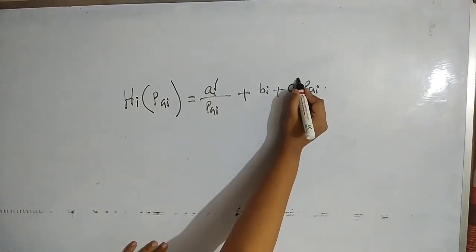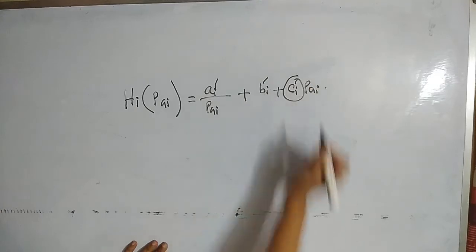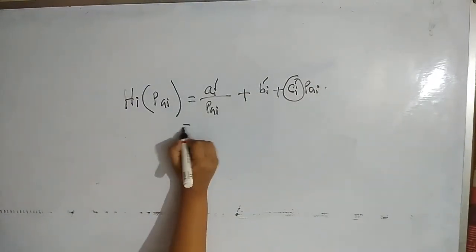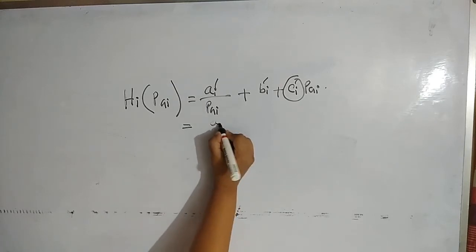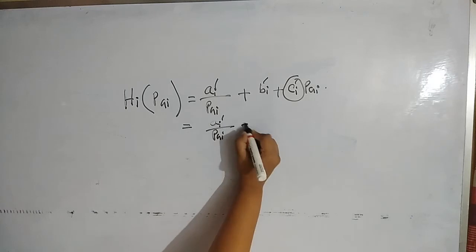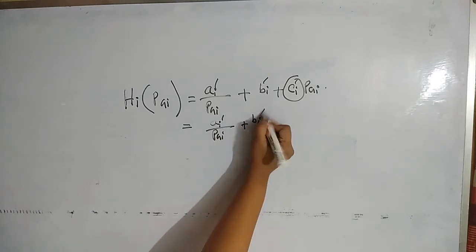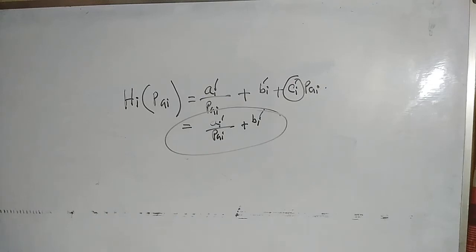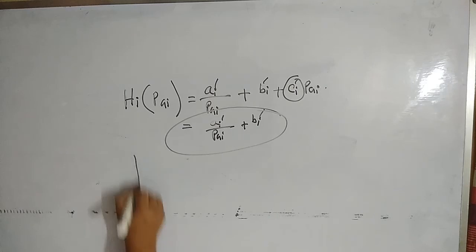The value of CI dash is negligible, so this heat rate is now approximated by AI dash by PGI plus BI dash. So for this equation, the heat rate curve is a rectangular hyperbola.